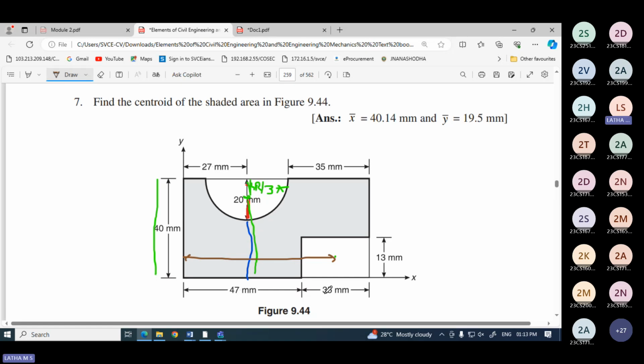That is the answer, 47 plus half of 35, X3. What is y3? This is y3. Y3 is 13 by 2, half of 13. So your equation of x bar will be equal to a1 x1 minus a2 x2 minus a3 x3.